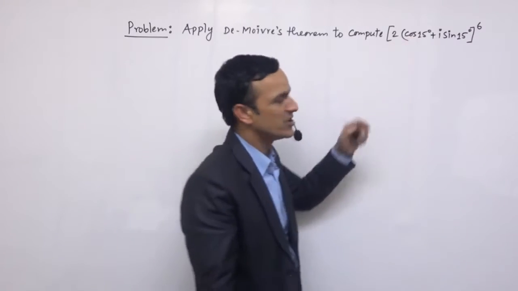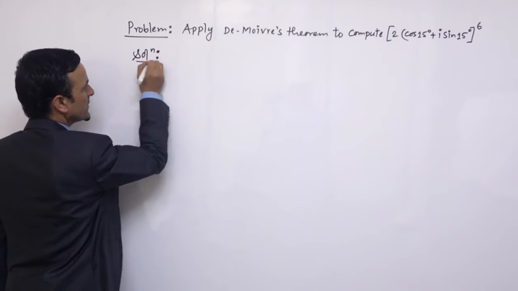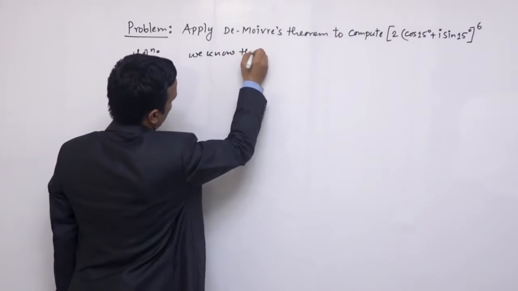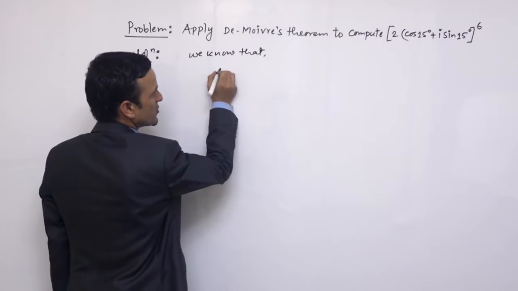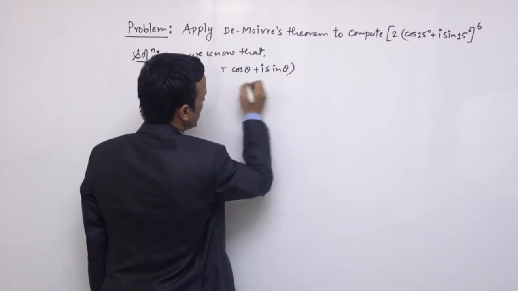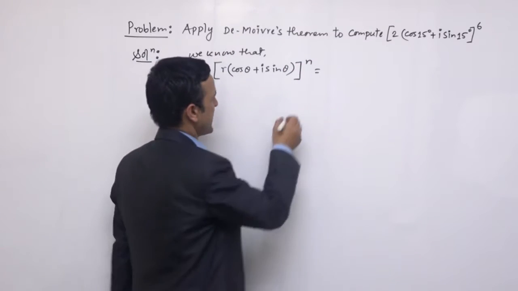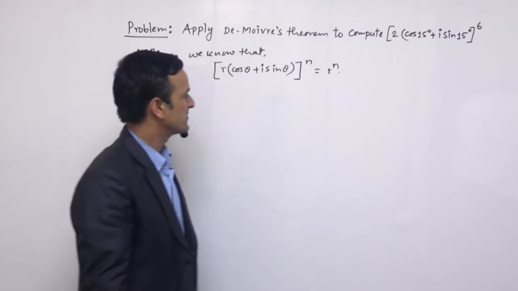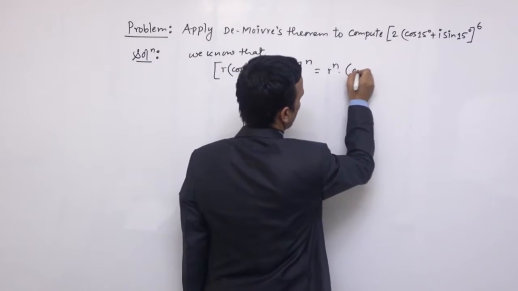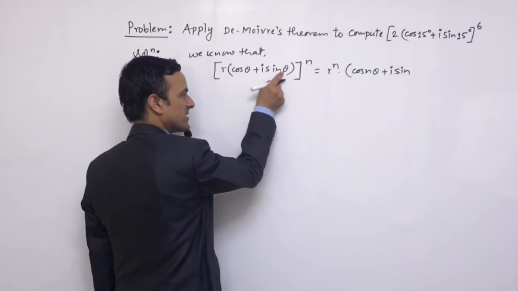यो question मा अब हामी de Moivre's theorem apply गर्न गइरहेका छौं. So its solution is this one. As you know, de Moivre's statement is this one: r times cos theta plus I sin theta whole to the power n, we can write it as r to the power n, cos n theta plus I sin n times this angle.